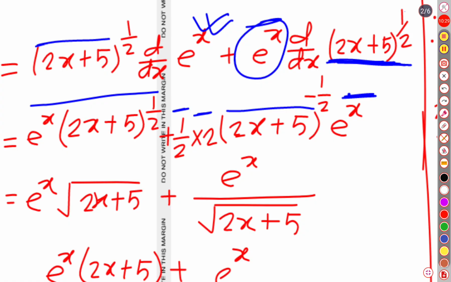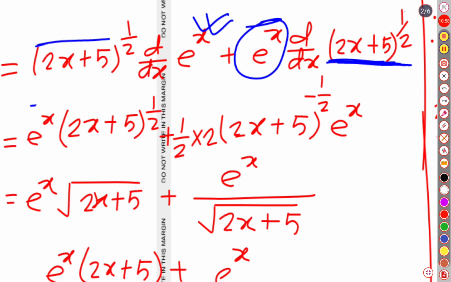After that, if we cancel this 2 by this 2, the first function has exponent half. Exponent half means this is actually a square root. So we have written here e raised to x and 2x, the square root of 2x + 5.